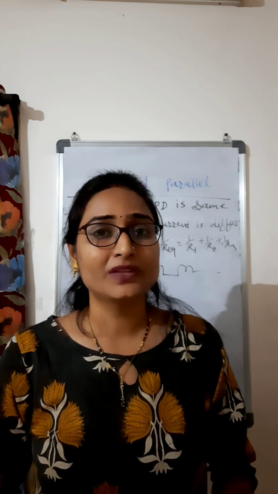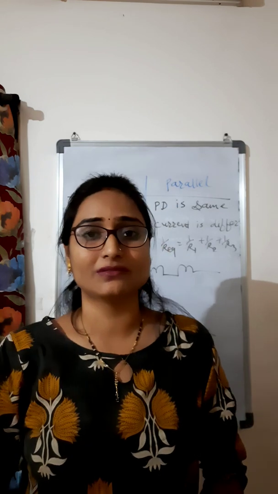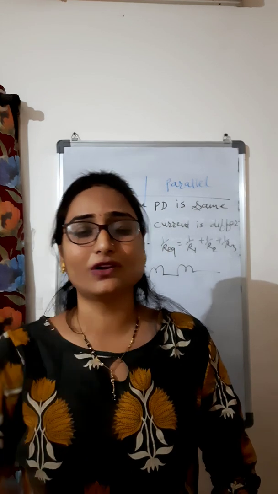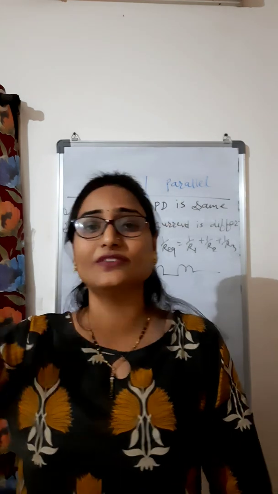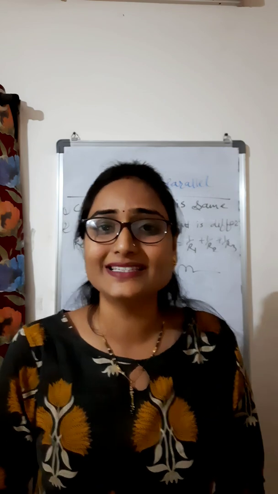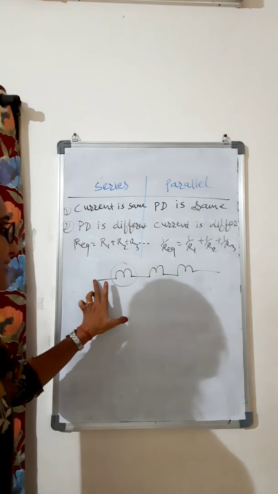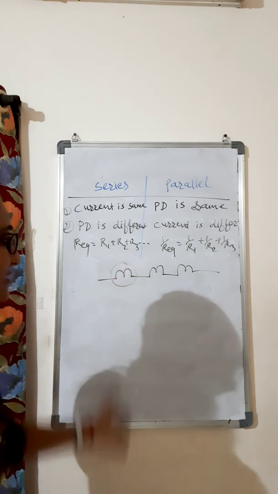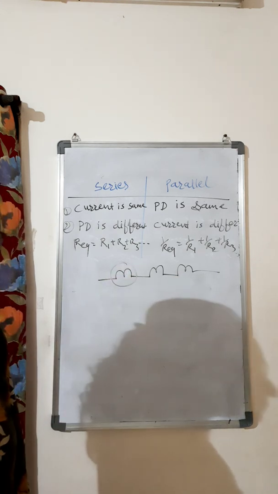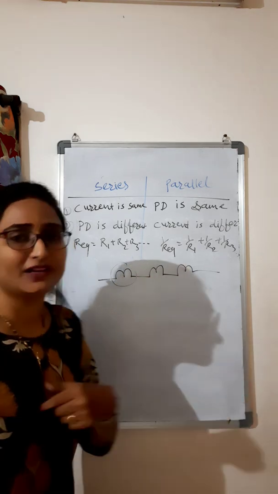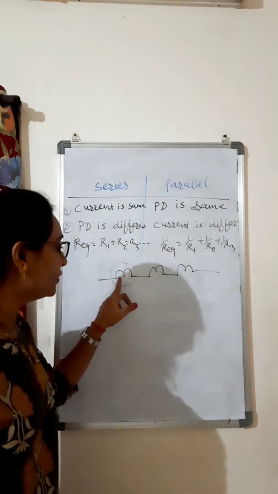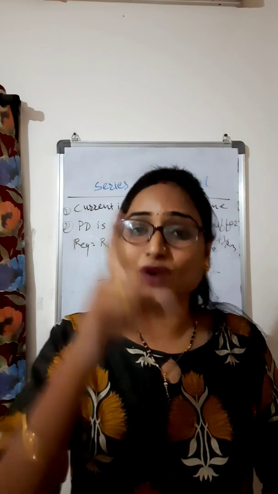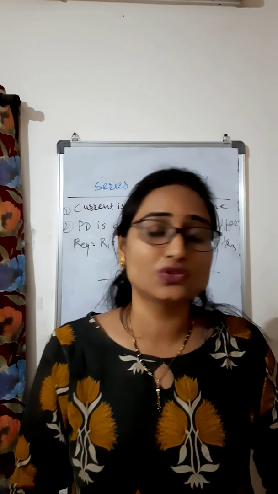If your bulb gets fused, all the other appliances will not work, the TV, fridge and geyser will not work, because there is only one way for the current to pass. If one fails, the circuit opens, and if the circuit is open, current will not flow. So in a series connection, if one fails to work, the others will also not work.